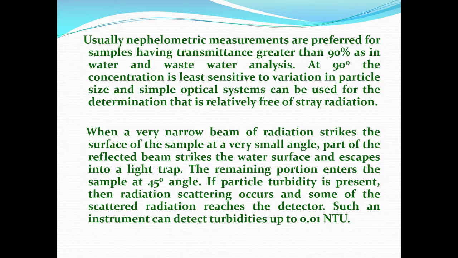And then sometimes simple optical systems can be used for the determination that is relatively free of stray radiation. For this reason, nephelometers are basically filter photometers, but with a slight design change, and turbidimeters can be ordinary spectrophotometers. So, many times in spectrophotometry there is no model or accessory for turbidimetry, but there will be an accessory for nephelometry.